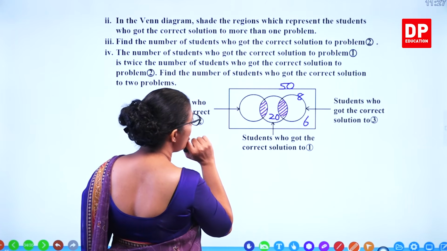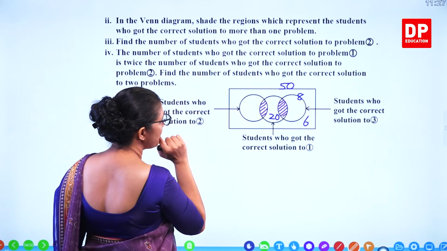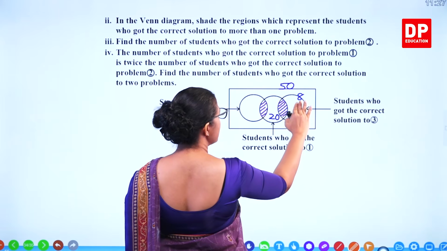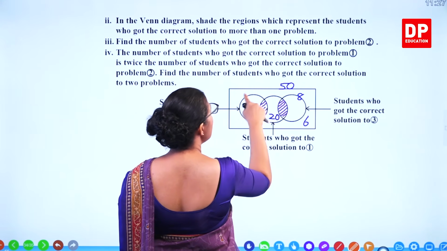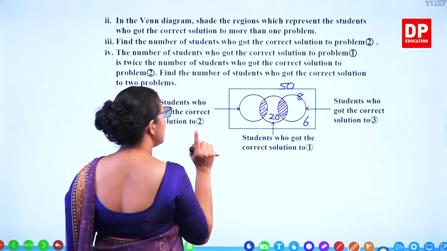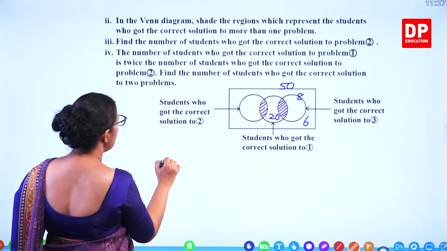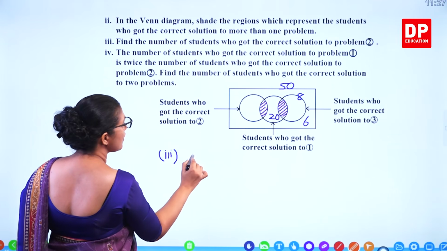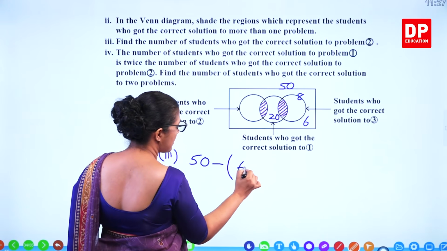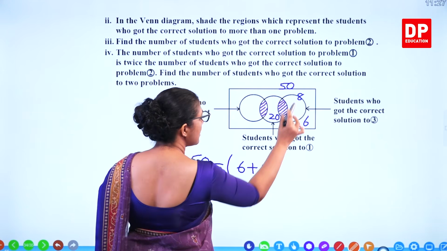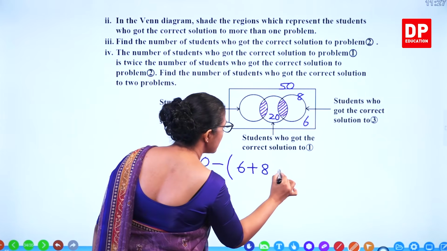So we know that this full circle is 8 and this is 6 and this is 20, and you can find this part. So how you do the third part? 50 altogether, subtract 6, 8, it's this circle, and 20.